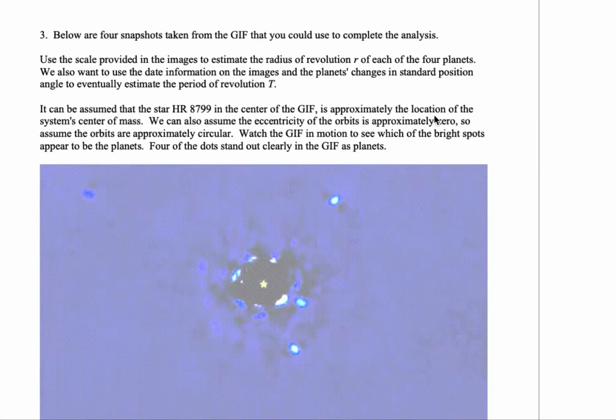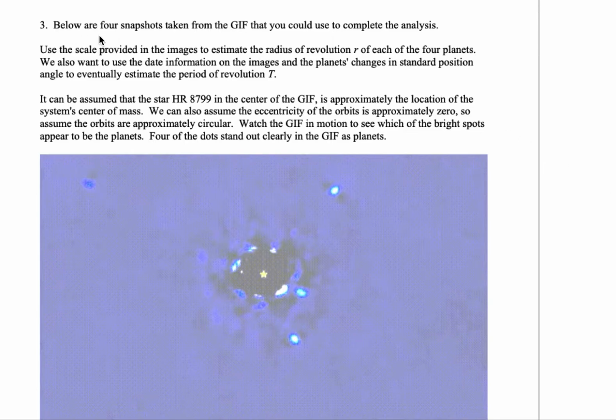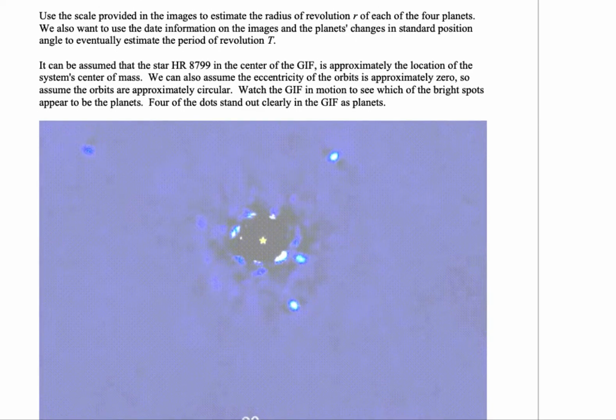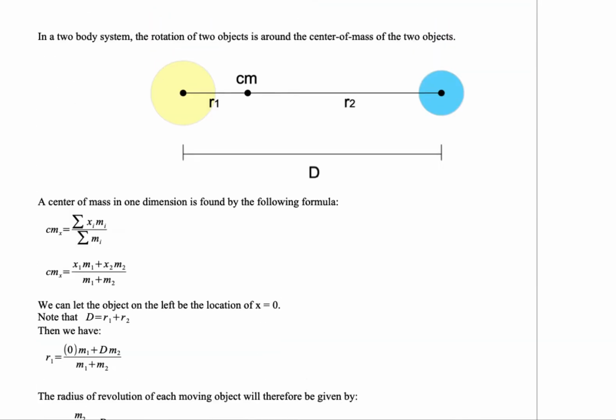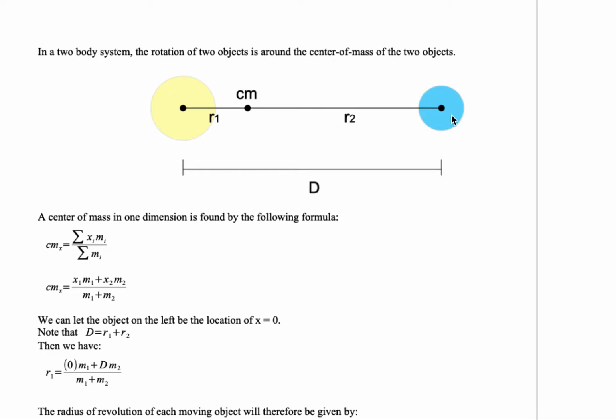In the lab itself, there will be 4 particular snapshots taken from the sequence that you could use to estimate the radius from. Let's go back here and explain what this has to do with it. Alright, so there's definitely a center of mass between the star and the planet which is orbiting that star.